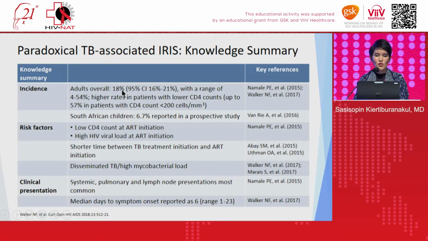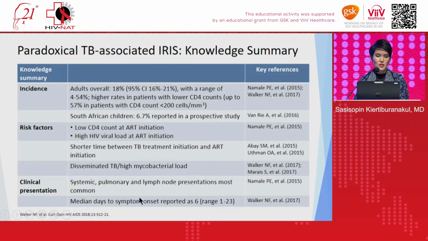The overall incidence is around almost 20%, but it can range from 4% to more than 50% in some studies. A prospective study in children showed that the incidence is around 6.7%. The risk factors, as you know, are very low CD4 cell count at ART initiation, high HIV viral load, shorter time between TB treatment and ART initiation, and also disseminated tuberculosis and high mycobacterial load.